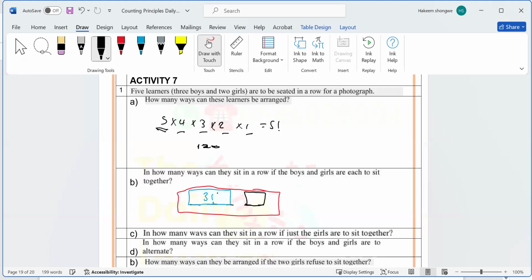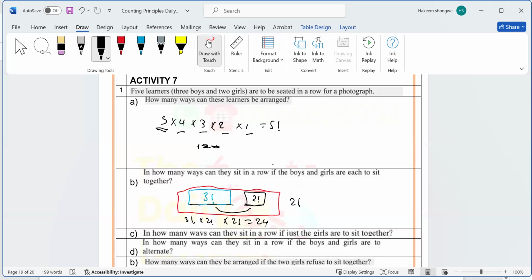Then you can also arrange the things inside the other box, these 2, in 2 factorial ways. So it's 3 factorial multiplied by 2 factorial multiplied by 2 factorial. Basically, we have 2 multiplied by 2 multiplied by 6. It's 12... 4 multiplied by 6. It's 24.